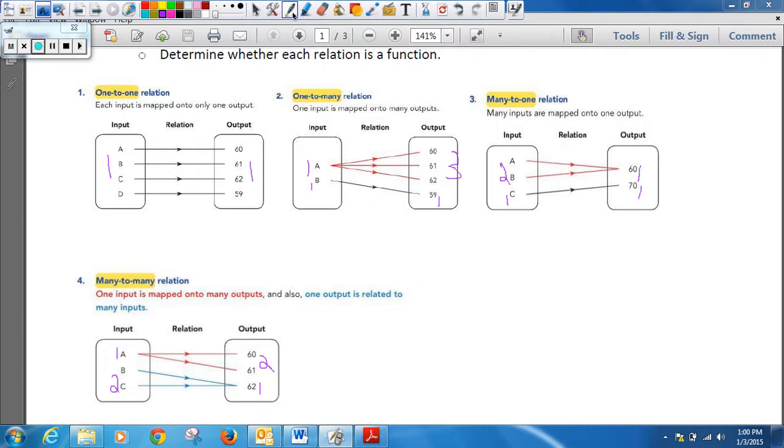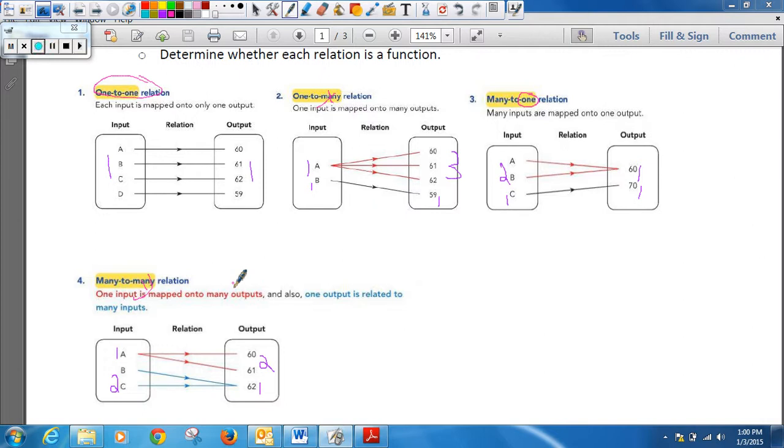Once we have that, then we have to go back and recognize which ones are functions. Remember, a function only has one output, so if I look here, 1-to-1, that second word there, this 1, represents the output, so since it has one output, it is a function. 1-to-many would not be because of this word right here. Many-to-1 is a function, and many-to-many is not a function.